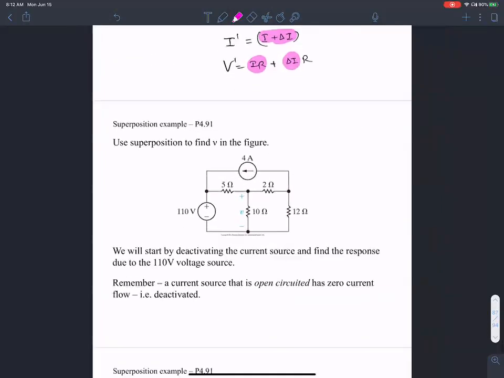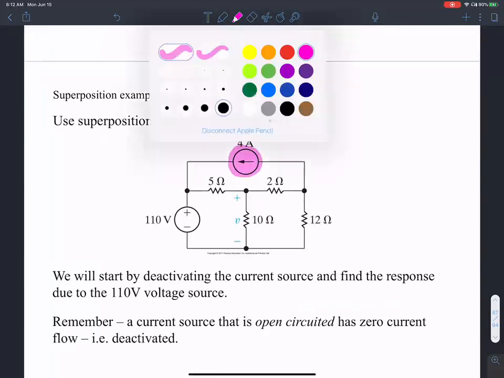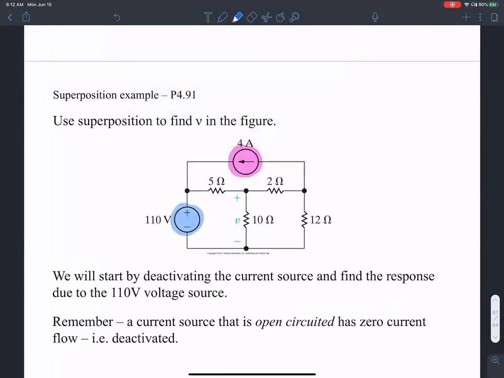Okay, the application of that is when you have two sources. There is one source over there, and there is a second source over there.